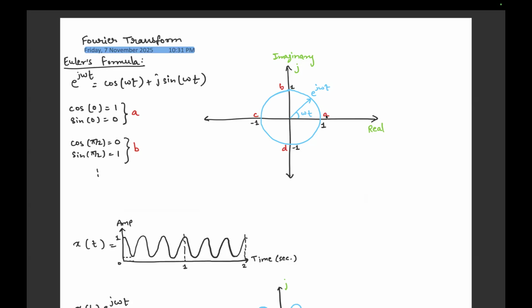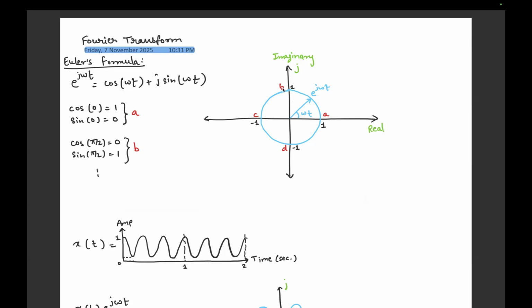So we are at point A. Okay. Now, when omega t is pi by 2 or 90 degrees, cos pi by 2 is 0 and sine pi by 2 is 1. So we go to 0 on the x-axis and we go to 1 on the y-axis. So we are at point B now.